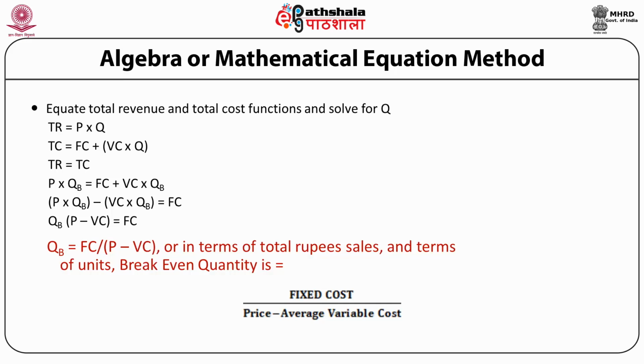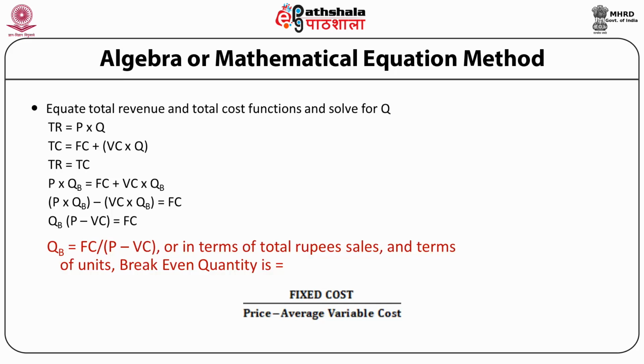Break-even point is the point where total revenues are equal to total cost. So replacing the value of total revenue with Q into P, we get Q into P is equal to total fixed cost plus Q into average variable cost per unit. This is also equal to Q into P minus Q into average variable cost per unit, that is equal to total fixed cost.